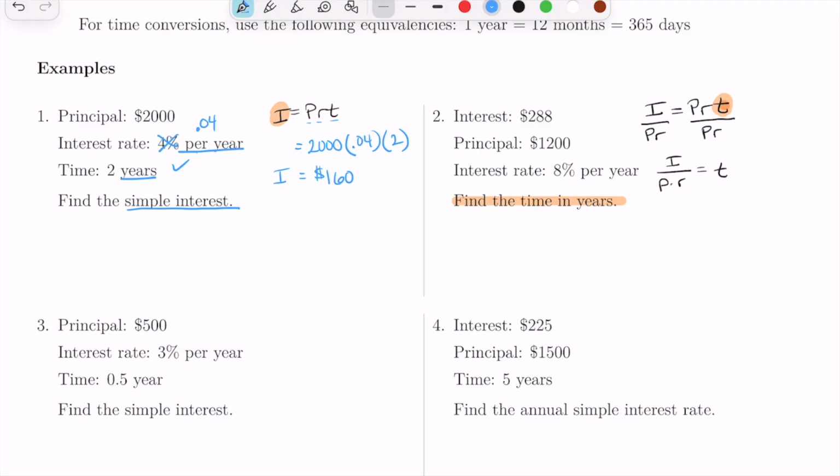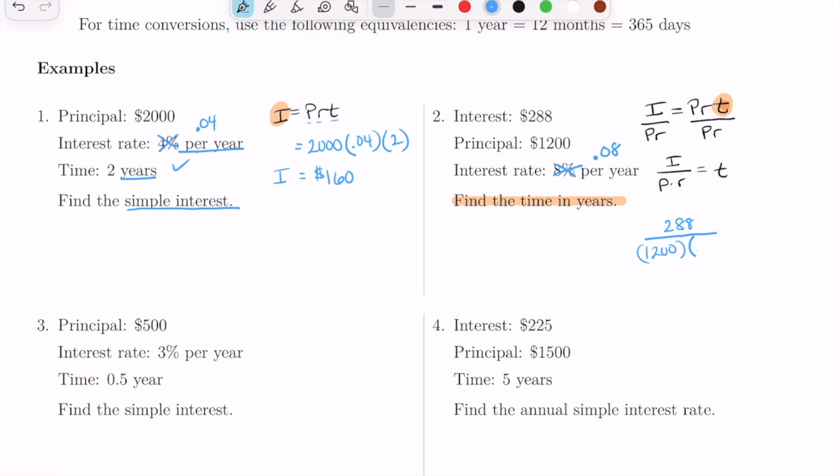Now, if you want to put all the numbers into the I equals PRT, you can, or you can solve for T first and then put your numbers in. We'll put 288 in for the I. The principal is 1,200. And our rate, I know it says 8% per year, but remember we're going to write that as a decimal, so it's 0.08.